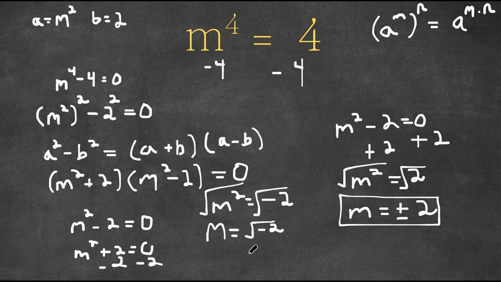Well, the square root of negative 2 is the same thing as the square root of 2 times the square root of negative 1. And the square root of negative 1 is equal to i. So this would be positive or negative square root of 2 i. So m is also equal to this. So these are the four solutions to this equation.